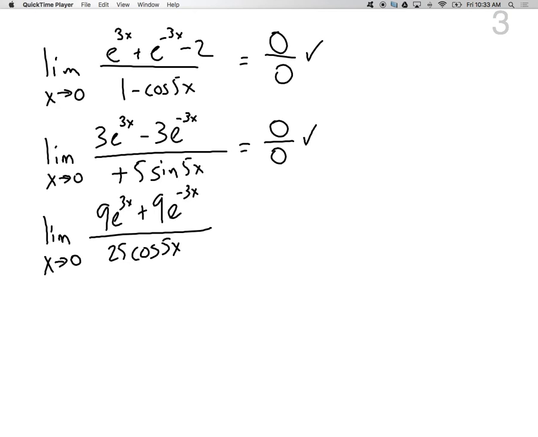I can't convince you it's negative? It's not negative because the derivative of sine is positive. Okay, all right. Plug and chug? That would be 18 over 25. Well done.